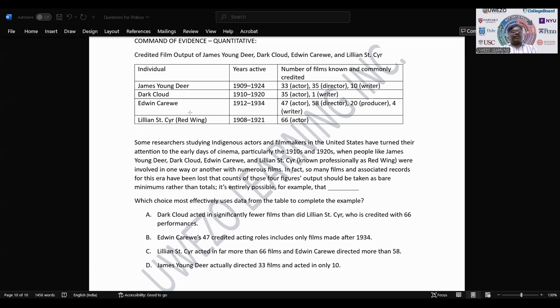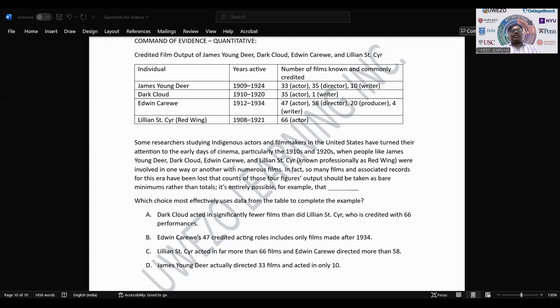Let's move on to the paragraph. Paragraph says some researchers studying indigenous actors and filmmakers in the United States have turned their attention to the early days of cinema, particularly in the 1910s and 1920s, when people like James Young Deere, Dark Cloud, Edwin Cavey, and Lillian, known professionally as Red Wing, were involved in one way or another with numerous films.